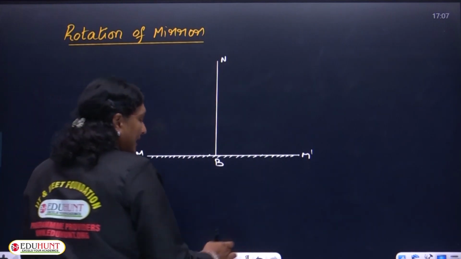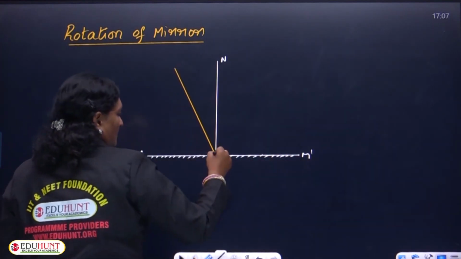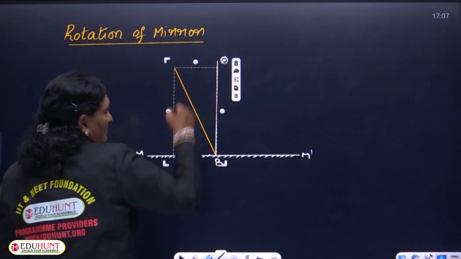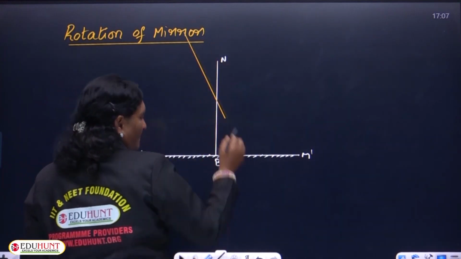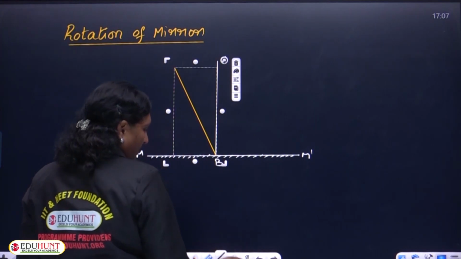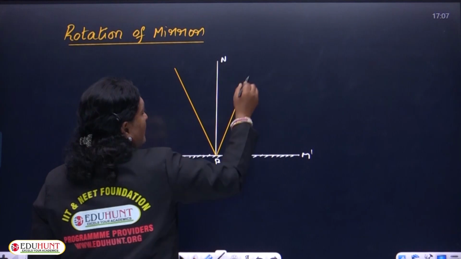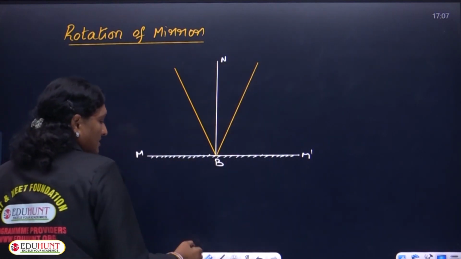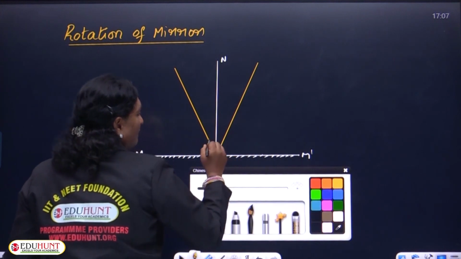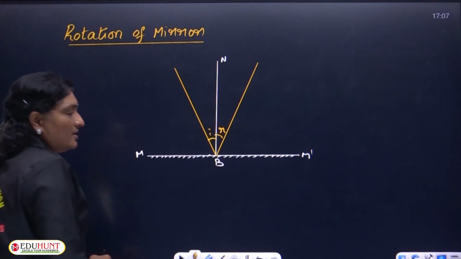Suppose a light ray is incident on this mirror, then this will be your incident ray, and the same light ray is reflected back into the same medium such that the angle of incidence i is equal to the angle of reflection r.